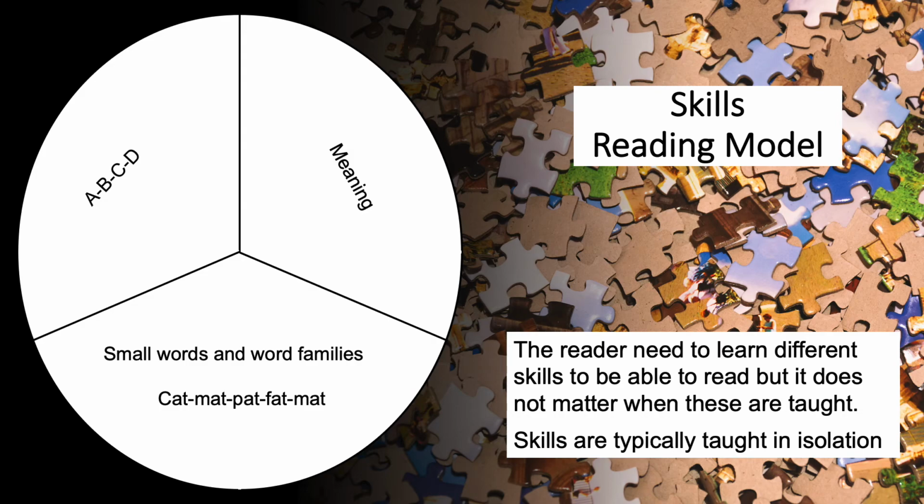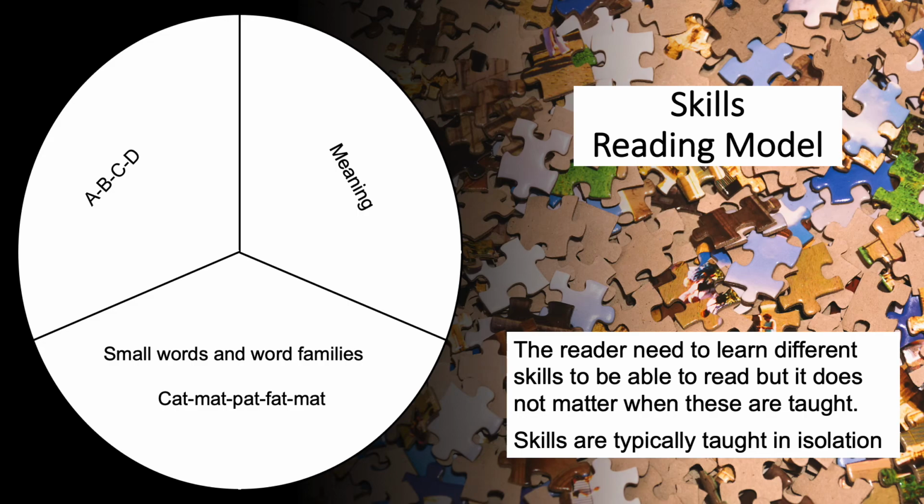Once again, intuitively, this makes sense, but it doesn't jibe with the experience that I've had with children. And so this model doesn't ring true for how children learn to read and write, and how children use literacy.